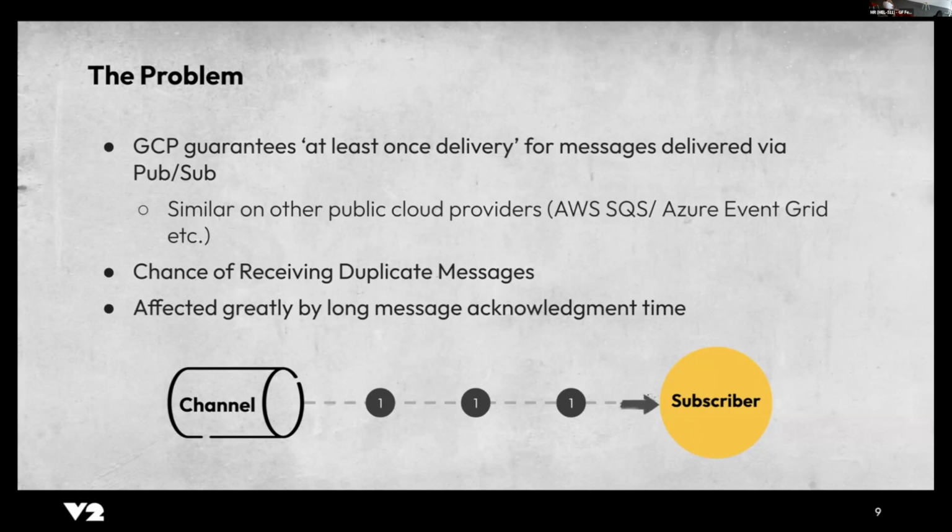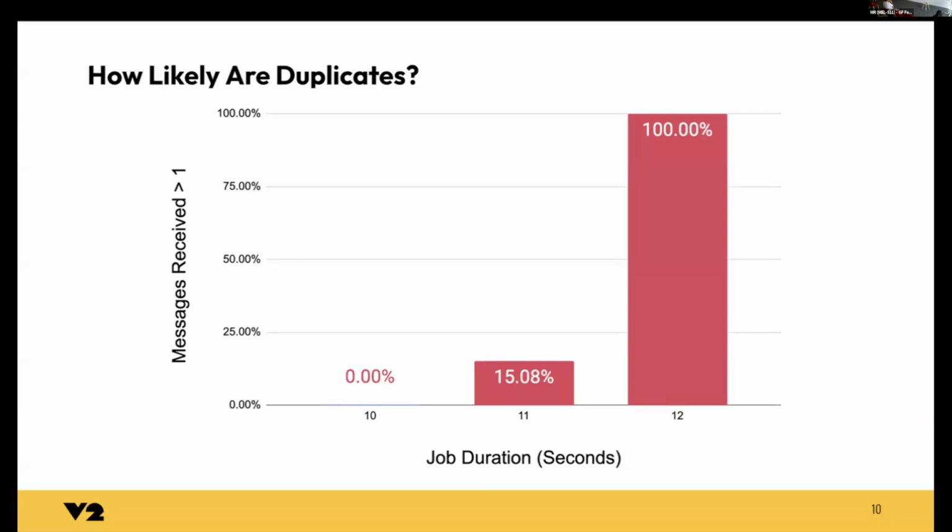As I've seen in my experiments, when you start to have complex and intensive messages and you aren't acknowledging fast enough, repeated messages become quite likely to come through. So how likely are they? In this experiment I ran, I was firing 5,000 messages a second to a consumer through a queue.